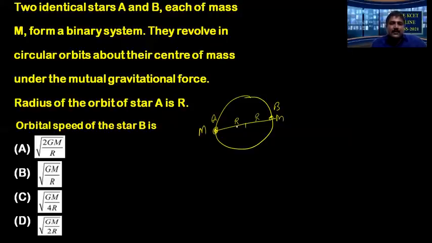What makes the stars revolve in circular orbits is the mutual gravitational force, as mentioned in the question. The necessary centripetal force required for circular motion is provided by the gravitational force of attraction between the two stars. Masses are same. It is 2r, the distance or separation between the two binary stars.